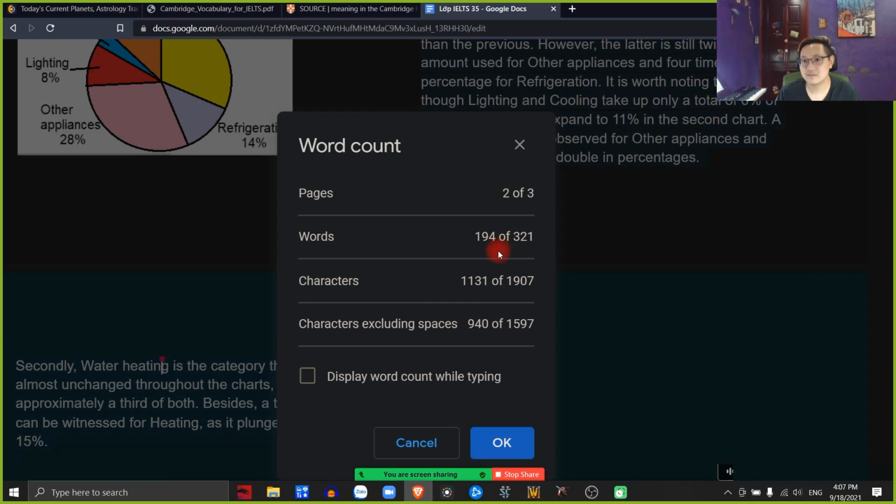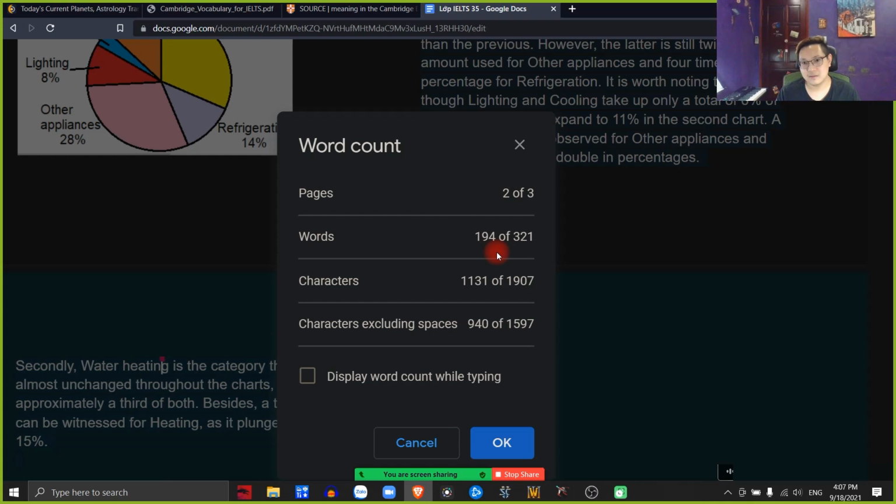Perfect. 194 is perfect. Because if the limit is like 150, then you should write about 165 to 180 or something like that range. It's like 150 plus 10%, you know.